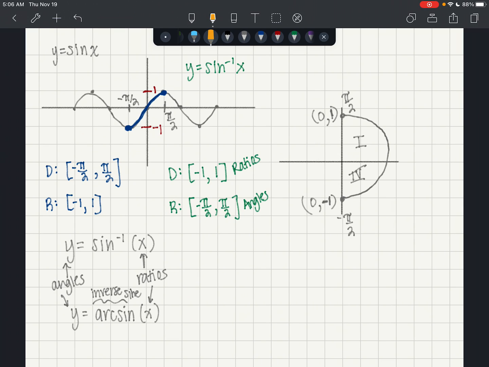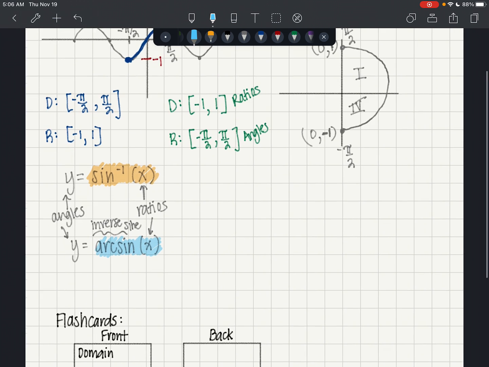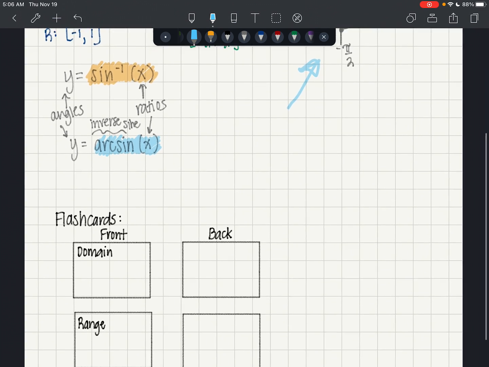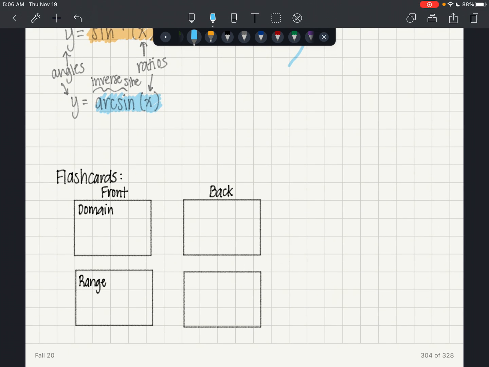So using this notation or this notation means the same exact thing. So here's some flashcards. Now these partial unit circles right here, this partial unit circle, that's going to be important and helpful for you to truly understand what it is that you're learning. So a flashcard that I would make is y equals inverse sine of x.